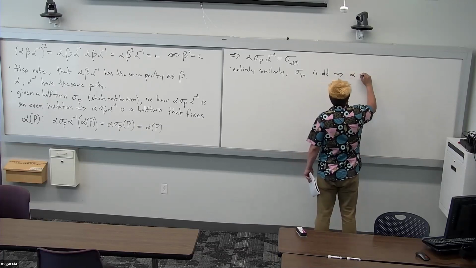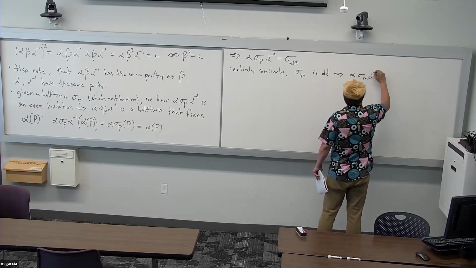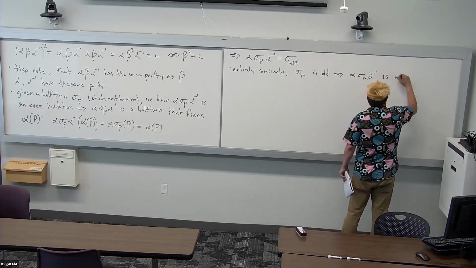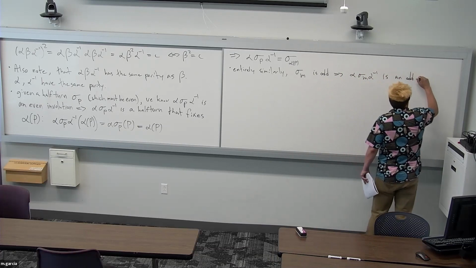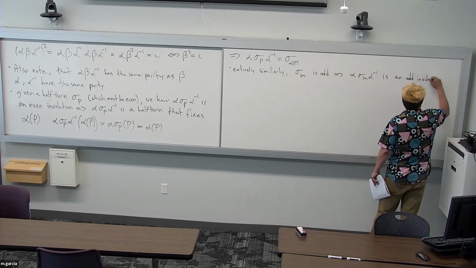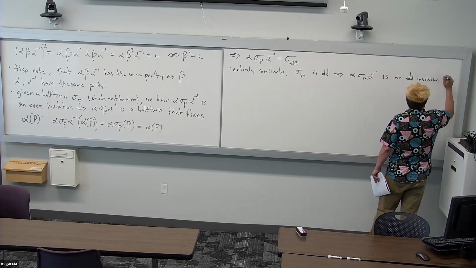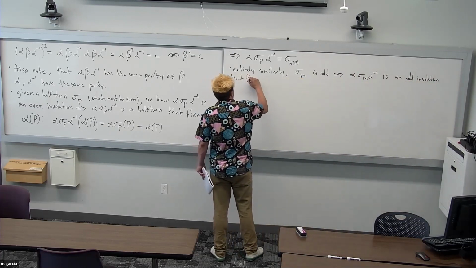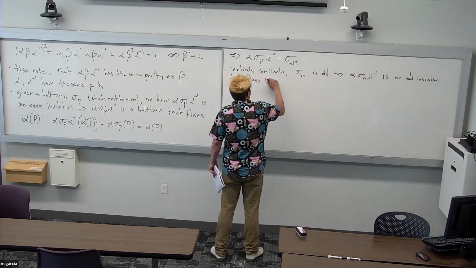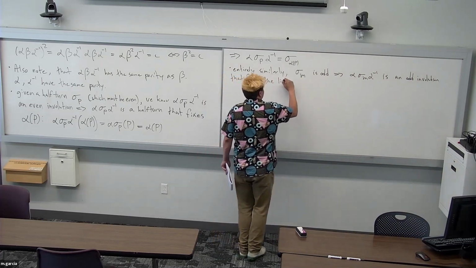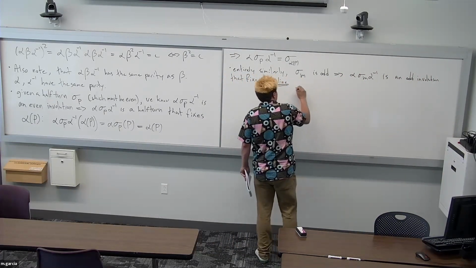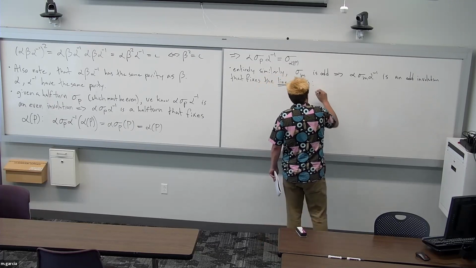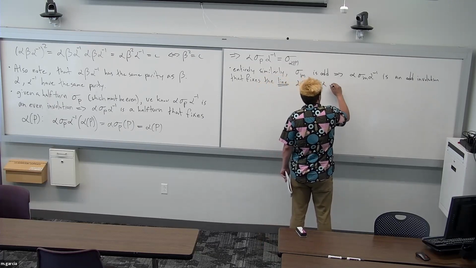So this implies alpha sigma sub m alpha inverse is an odd involution that fixes the line alpha of m. Okay, we'll quickly run through the computation again.